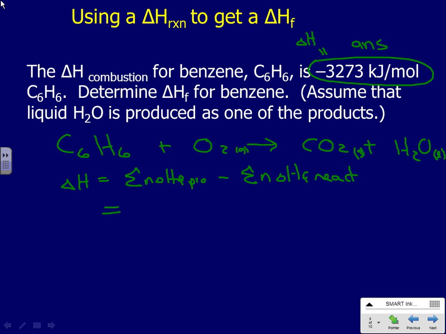For 1 mole of this guy, this is the answer. So it goes here, to the left of that equal sign. First I have to balance though. I forgot to do that. 6, 6, 3, because it's half the number of H's. And then I've got 6 O2s and 1.5, 7.5 O2s here.